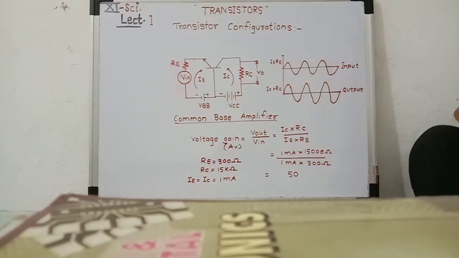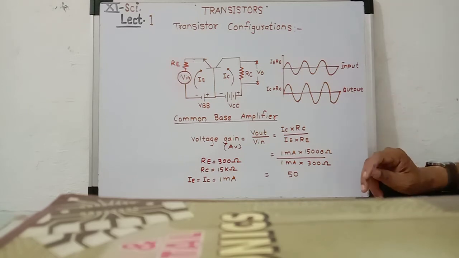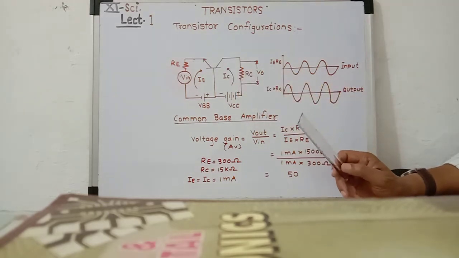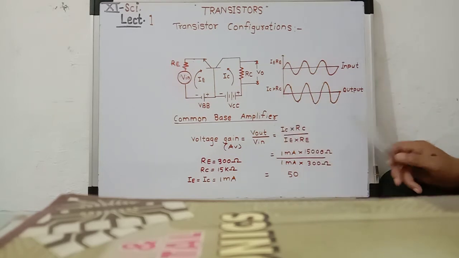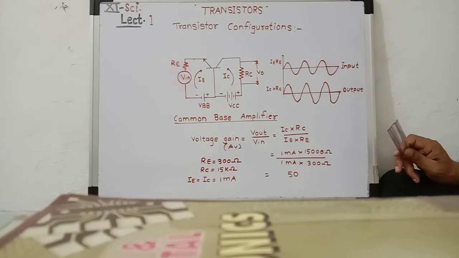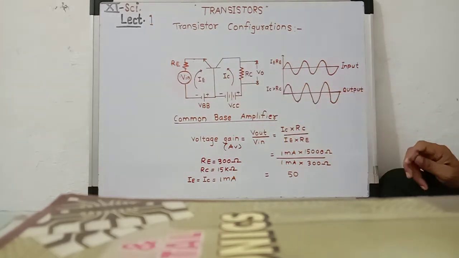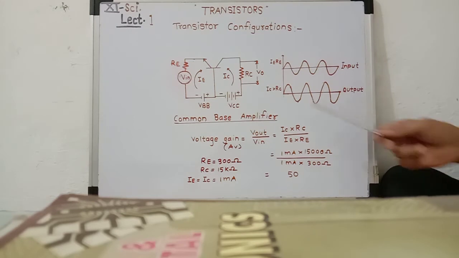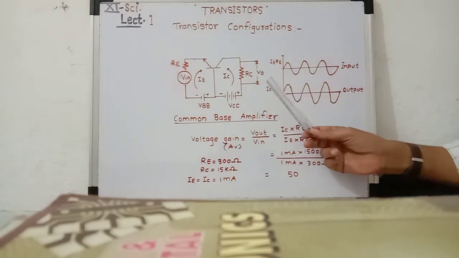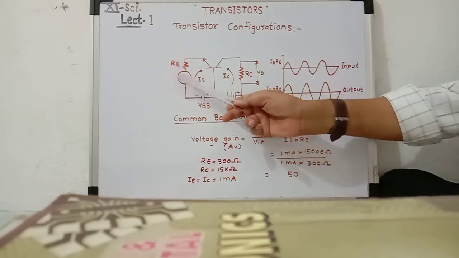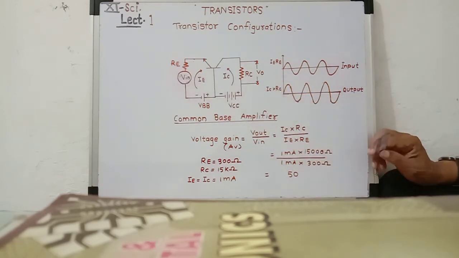Then what is the input resistance? We know that resistance R is equal to V upon I. So the input resistance will be VIN upon emitter current IE.